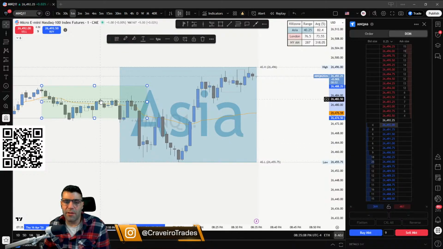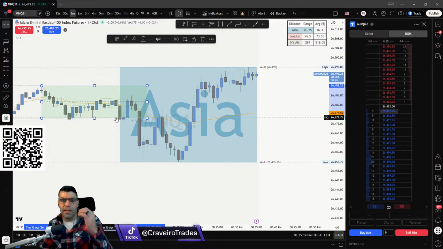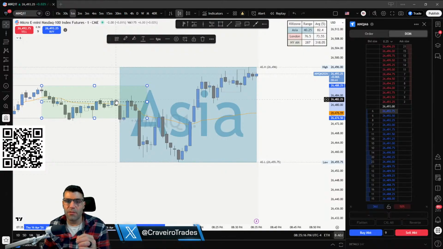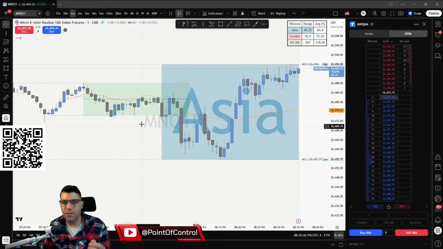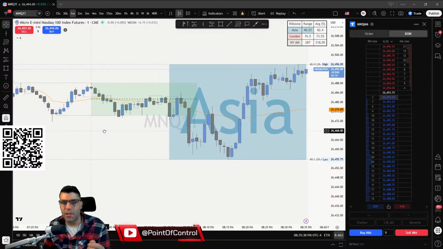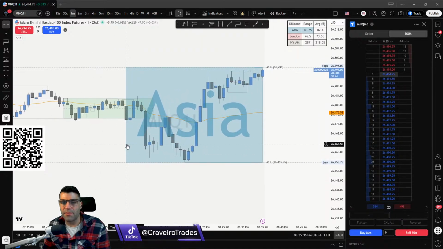Everywhere that there is a relative equal high or a relative equal low, meaning the candle wicks hit the exact same tick level, which is a quarter, 25 cents, as a nearby candle. So relative equal lows, and we also have relative equal highs. This is pretty much forming your support and resistance, right?